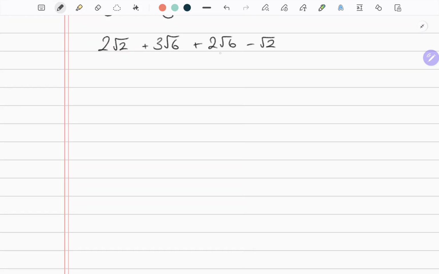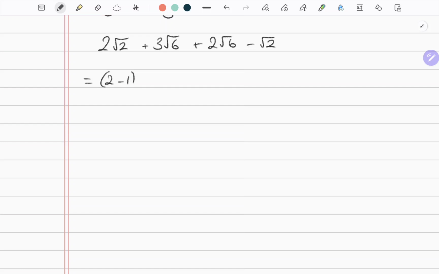We also have a square root 6 and a square root 6. So we can basically pull out the common factors where necessary. So we have a 2 square root 2 and we have a minus 1. The 1 and the multiplication symbol is implied, we don't need to show it, but that's essentially what it is.